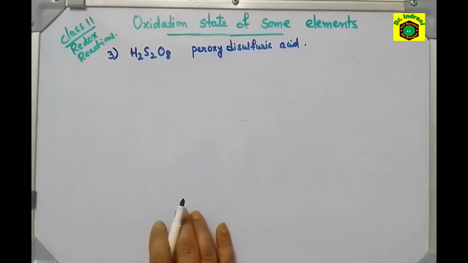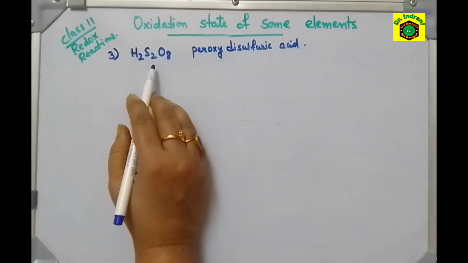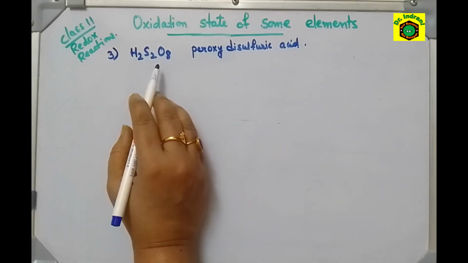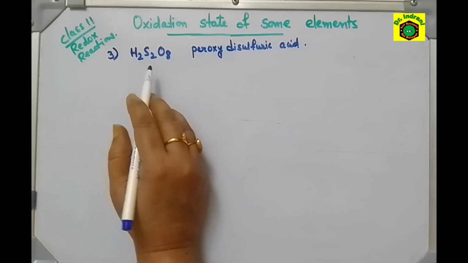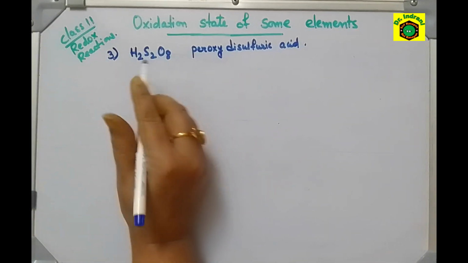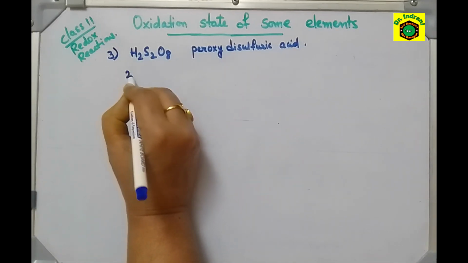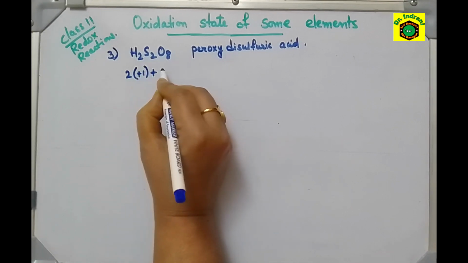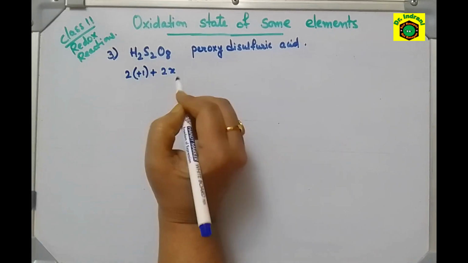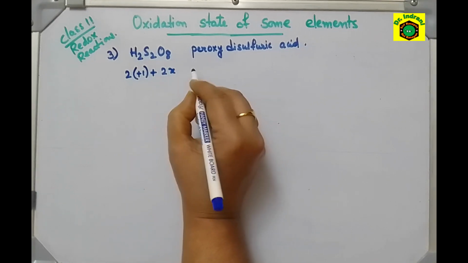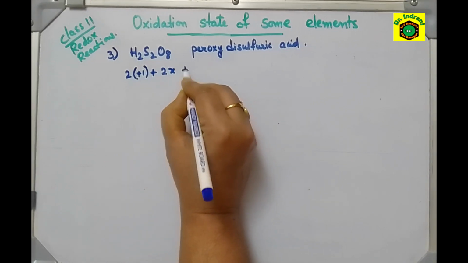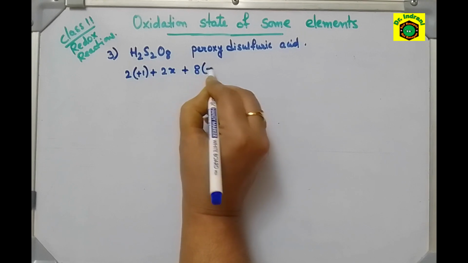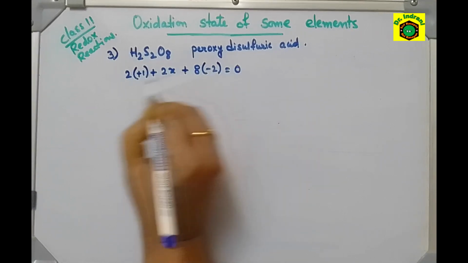Here also you have to determine the oxidation state of sulfur. So if you do it by the general method, what will you get? 2 into +1 plus 2 into X, each sulfur having X oxidation state, and then plus 8 into -2 is equal to 0.